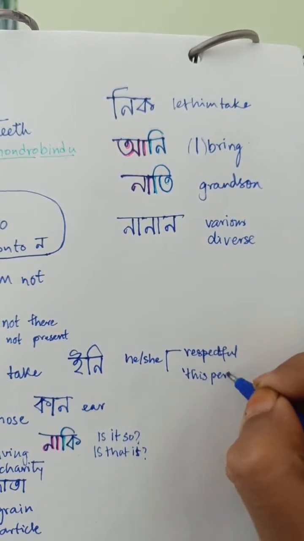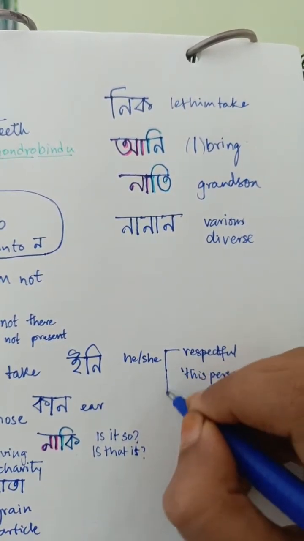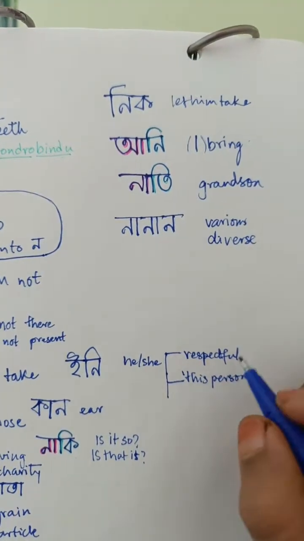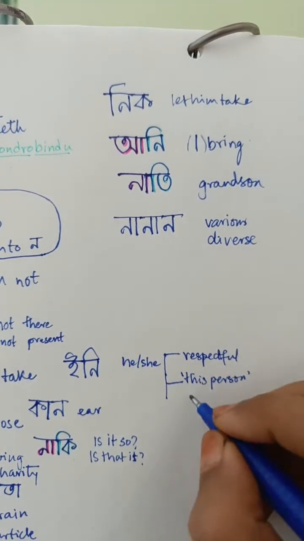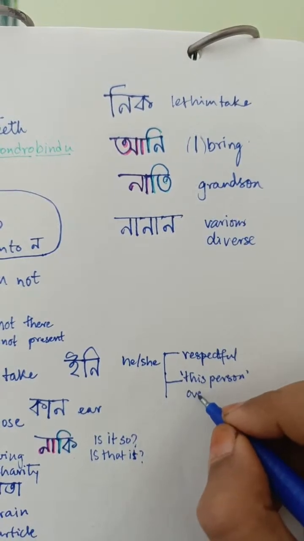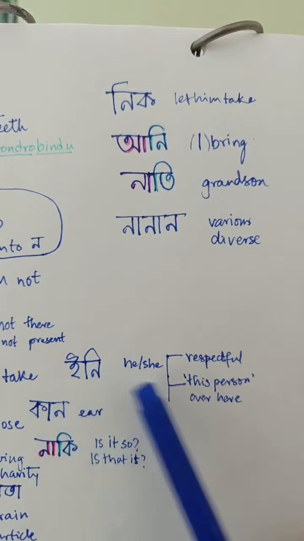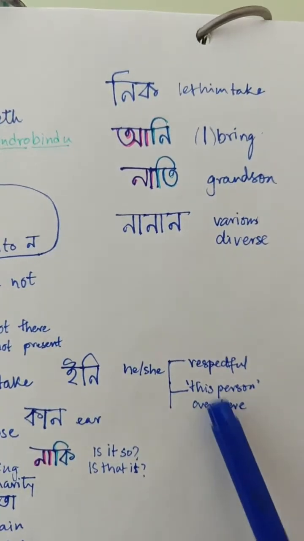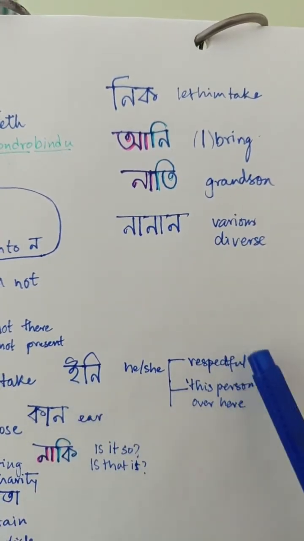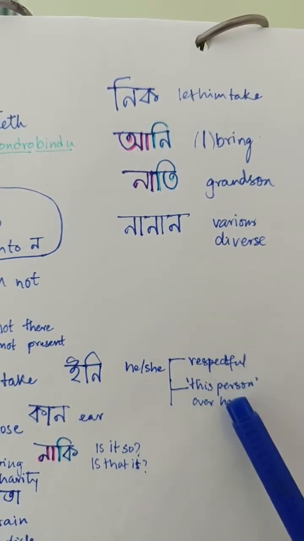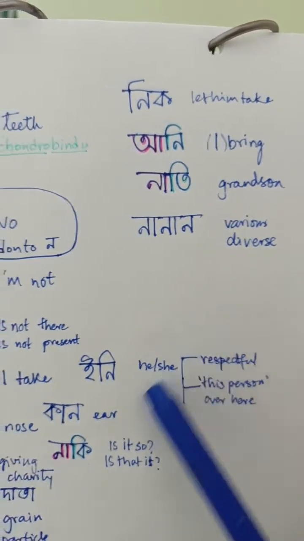And when you say ini, it means that they're in your close vicinity, this person over here. If they're at a distance, then the word will change. But it's the respectful way to refer to this person over here, he or she. Ini.